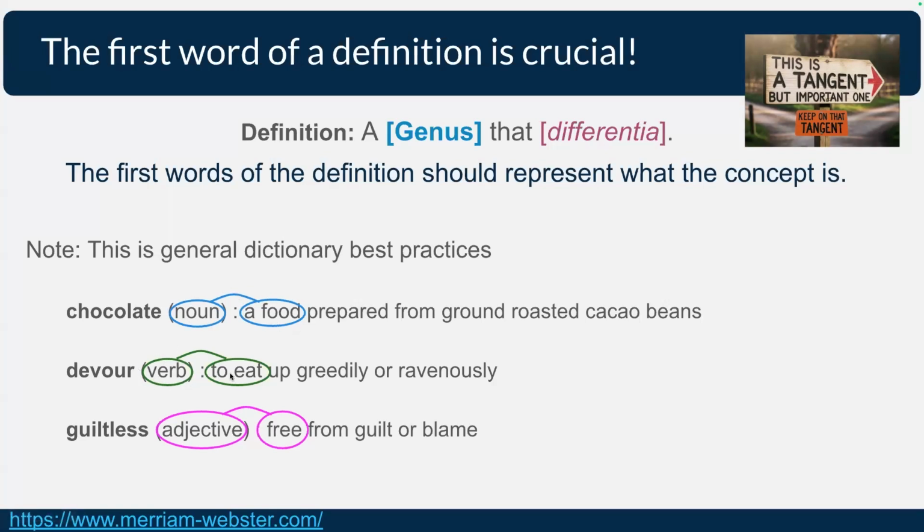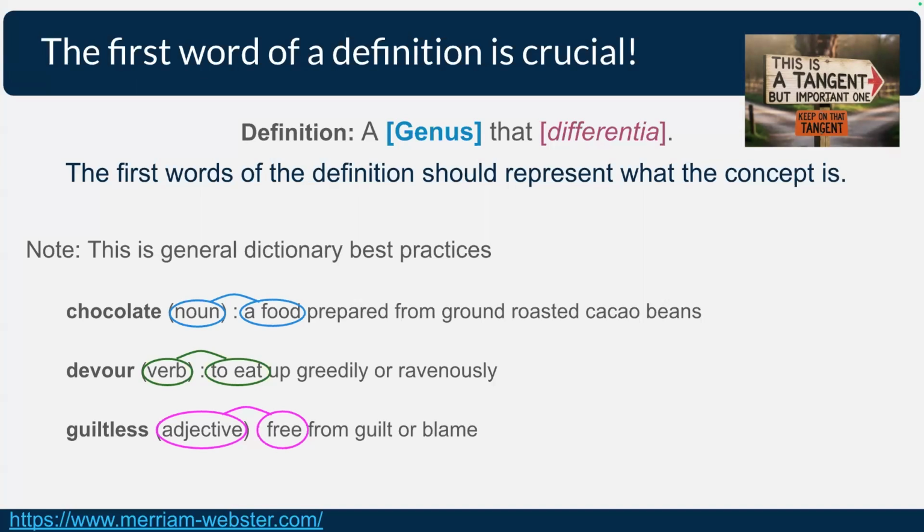If you're defining a verb, the first word of the definition is a verb, and so on and so forth. So keep that in mind, because that is really helping with genus differentia. It means the genus needs to come first. So we are really clarifying from the very beginning what the concept is.